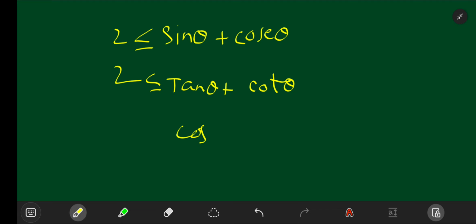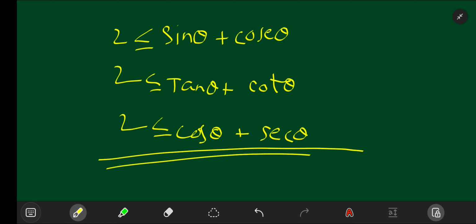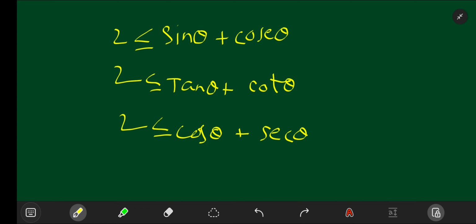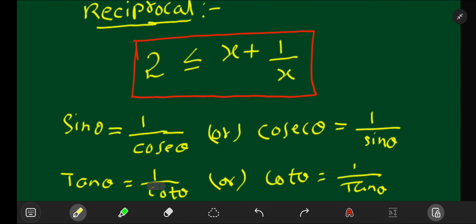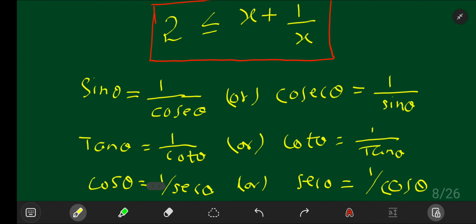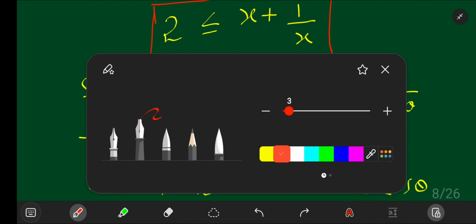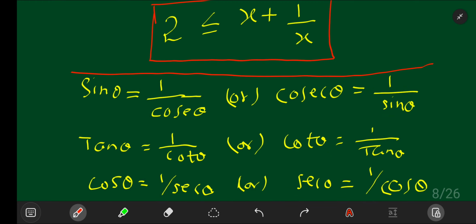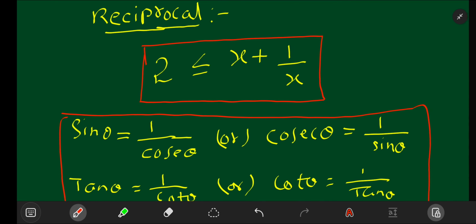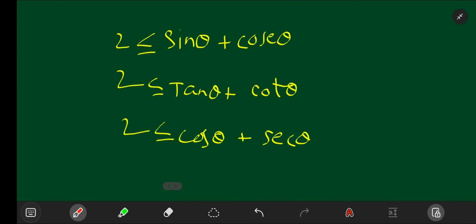Next, cos theta plus sec theta will be given its minimum value also 2. You have to remember these reciprocal values. This is also important to remember. In the first class only I have said you. Now its uses are getting to know.